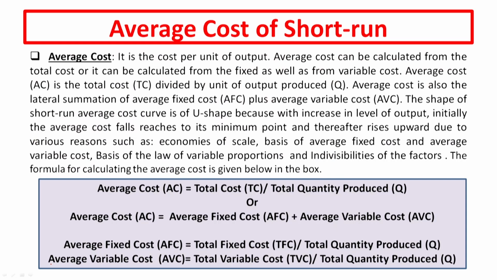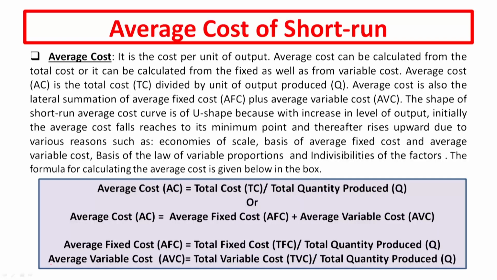Average cost. Average cost is the per unit output cost of producing the commodity. That means average cost can be calculated from the total cost. Average cost can also be calculated from the fixed and the variable cost.